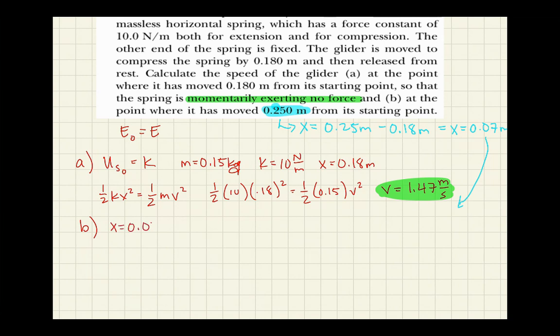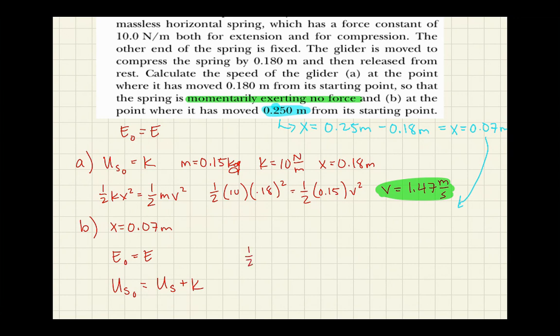is 0.07 meters. And in this case, what that means is that my energy at the beginning is still going to be equal to the energy at the end, but my energy at the beginning is spring energy, and my energy at the end is going to be a combination of spring energy and kinetic energy. It will both be stretching a spring and still be moving.